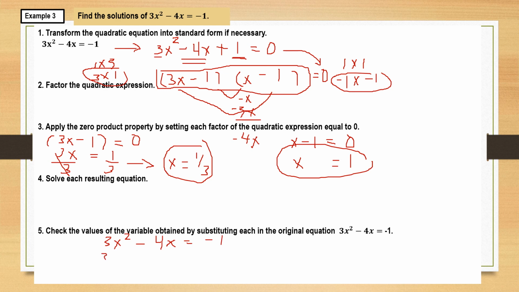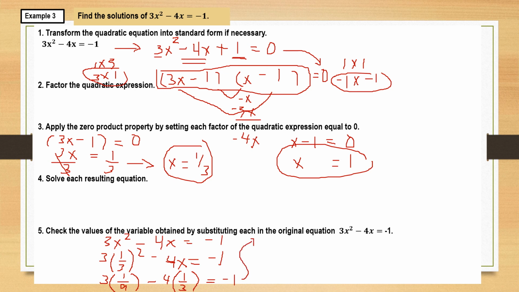So let's first try to substitute positive 1/3. 3 times 1/3 squared, minus 4 times 1/3 is equal to negative 1. So this is 3 times 1/3 raised to the second power is equal to 1/9, minus 4 times 1/3 is equal to negative 1.